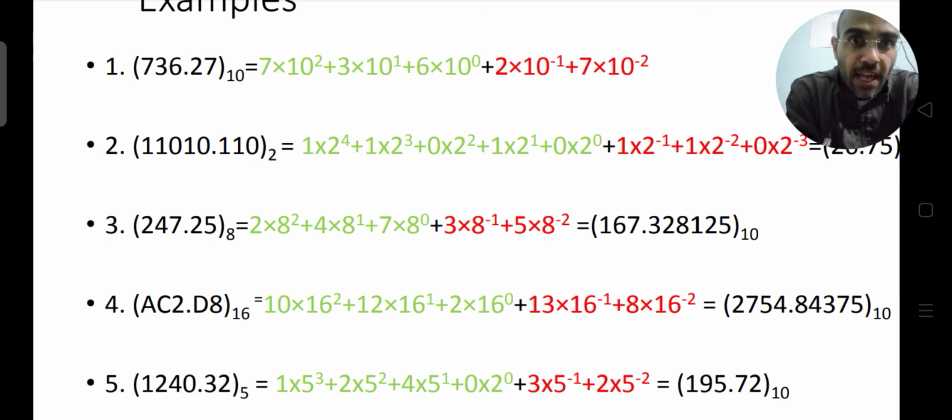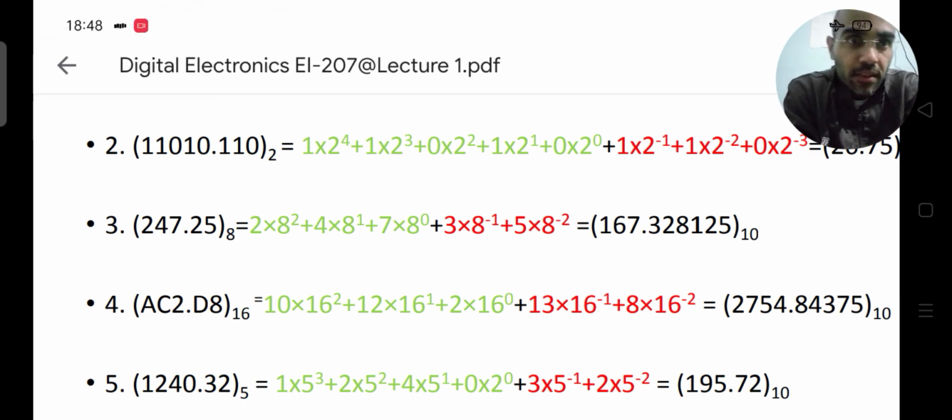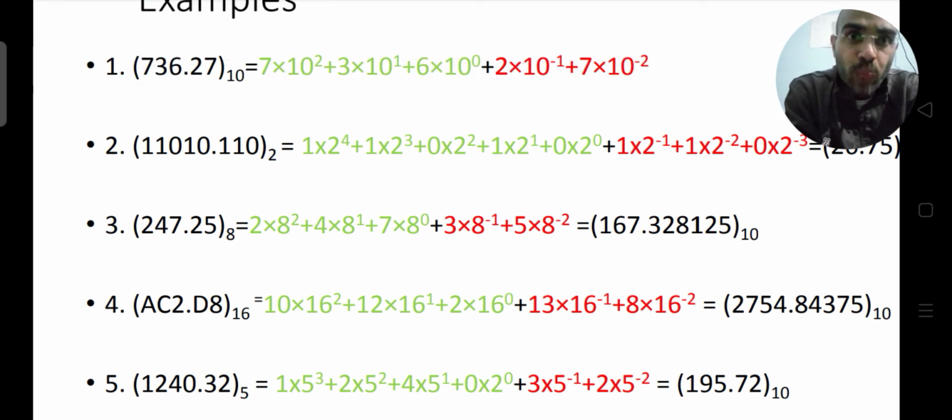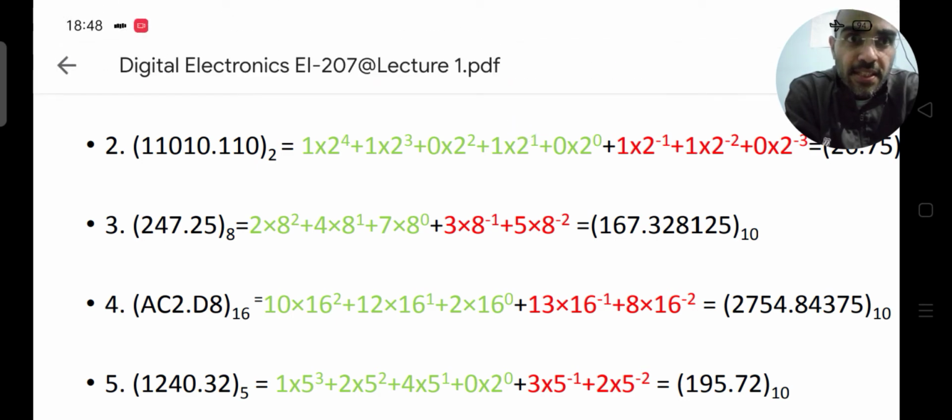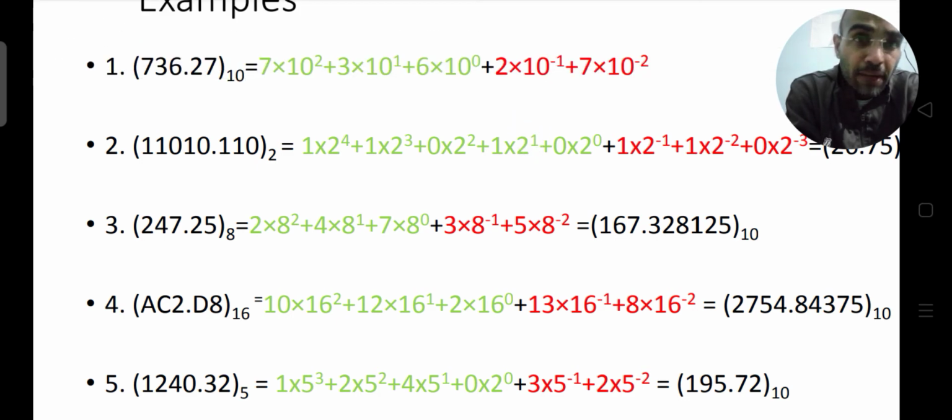Then we have another bit as 1. So this 1 is multiplied with 2 to the power 1, because this 1 is at the first place. The LSB is considered as the 0 place, so then the first place is where that 1 is coming.